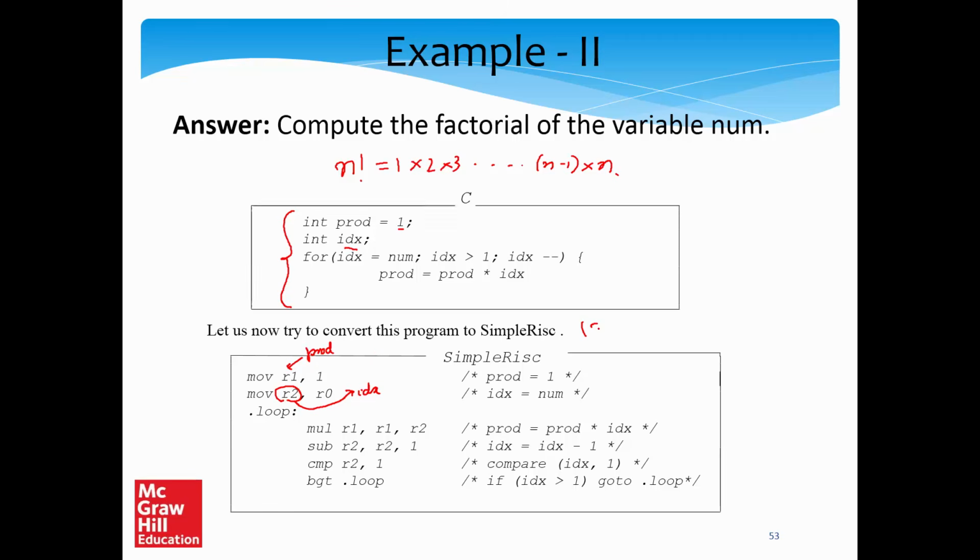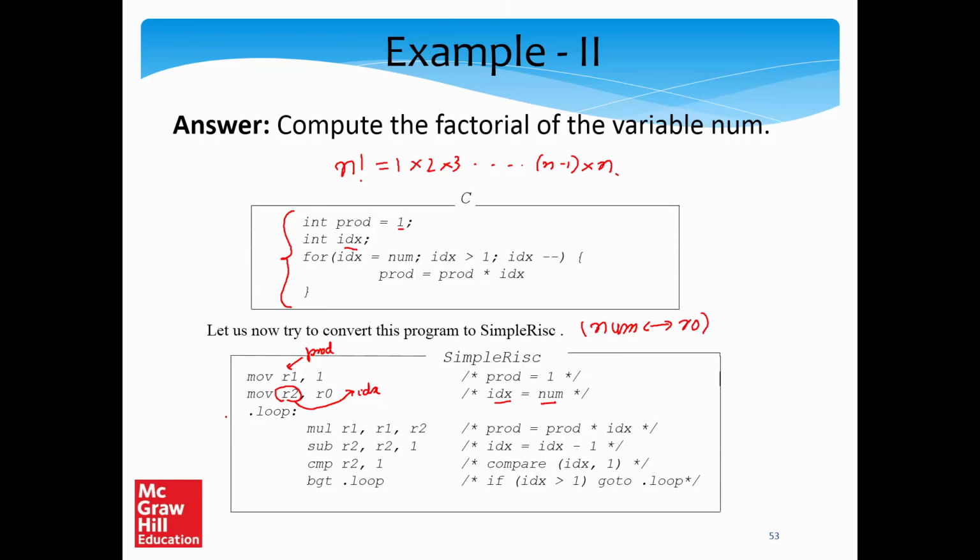The assumption here is that num is assigned to R0, so R0 contains num. Sometimes if the assumption is not specified in the question, users can make their own assumption, as we have done over here, that the num variable whose factorial needs to be computed is in R0. So the variable idx in the C program, we assign it to R2, and we set R2 equal to R0, where R0 contains num. So essentially the starting value of idx is equal to num.